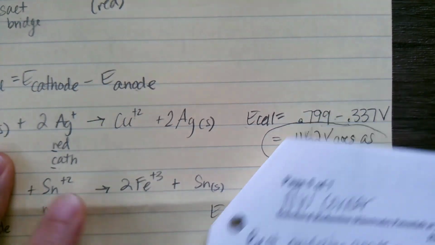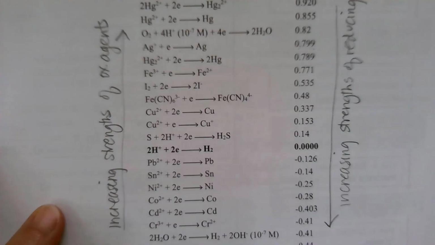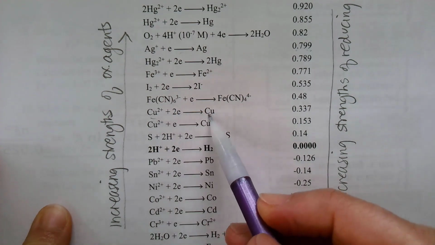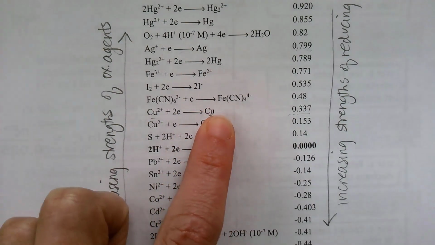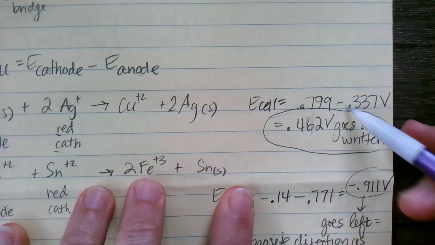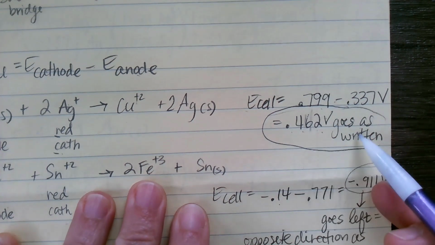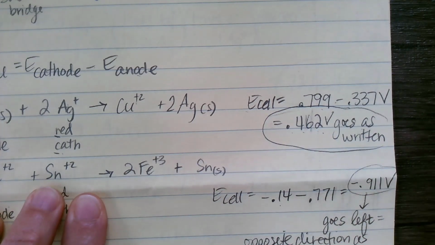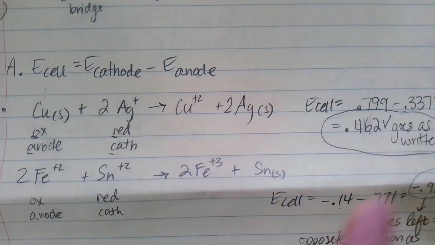So going from copper to copper plus 2, so be careful you find the right one, is 0.337. So we just take our E cell as 0.779 minus 0.337, and we get 0.462 volts, and it's going to go as this is written. We want that positive value. If it's positive, it goes to the right, just as written.